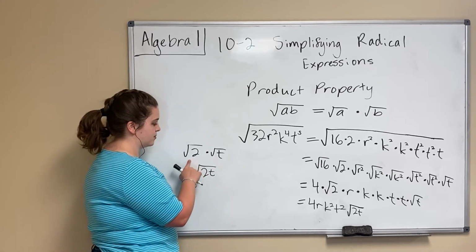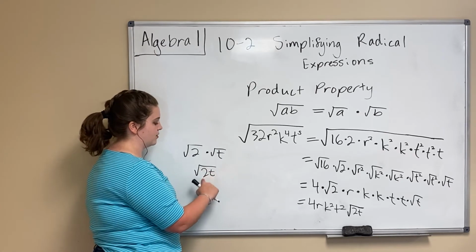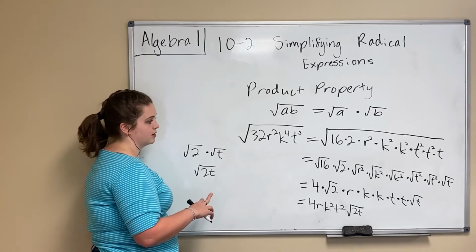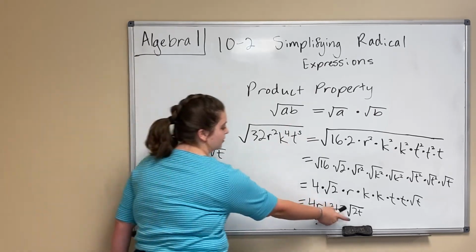Because the square root of something times the square root of something equals the square root of those things multiplied together. I'm still doing the product property, I just did it backwards right there.